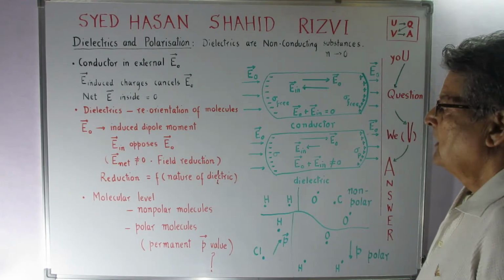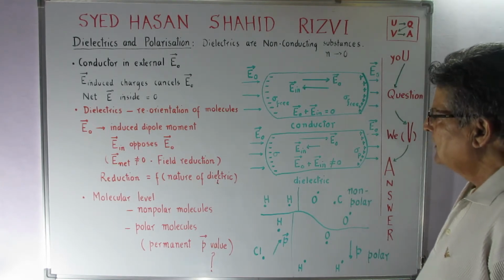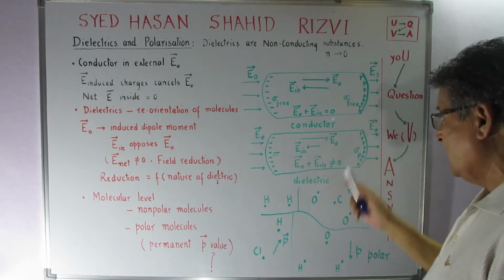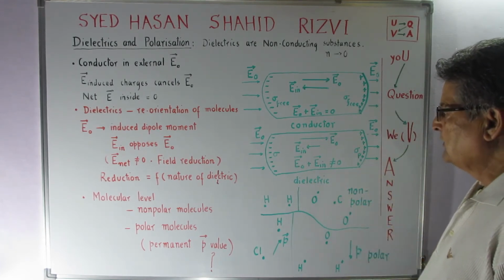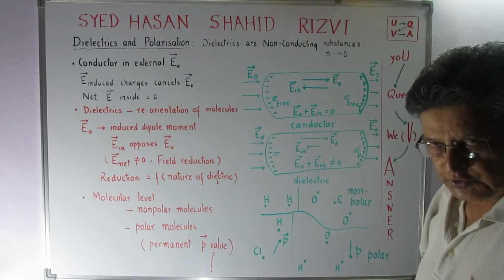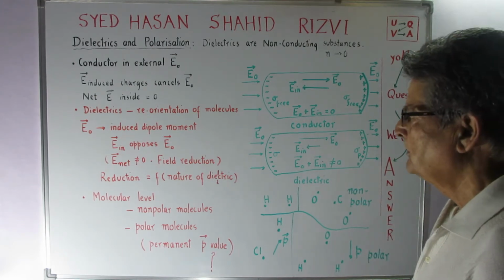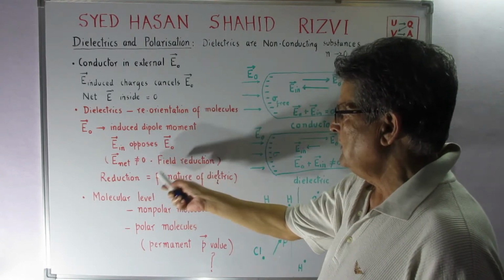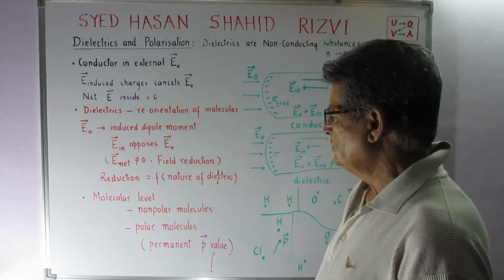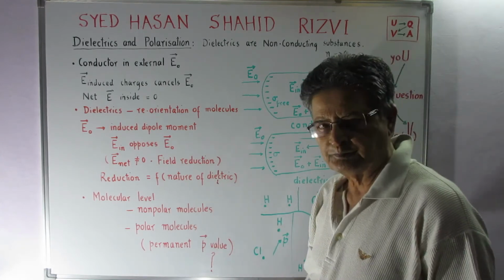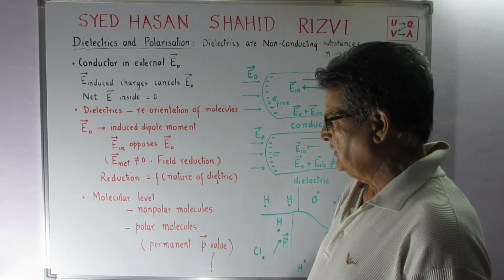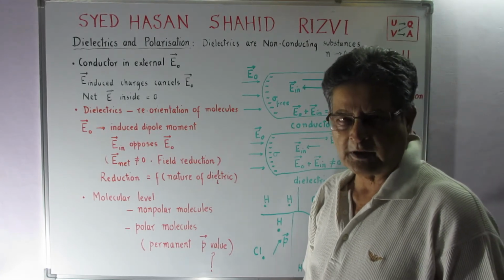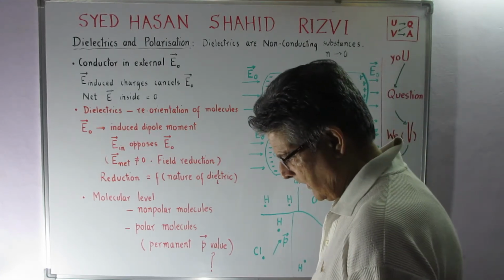So the field is there outside, but inside, within the dielectric, the field gets reduced. Because there is an opposition and the net value is not equal to 0, there is field reduction. And this field reduction is a function of the nature of the dielectric. What does that mean? Okay.